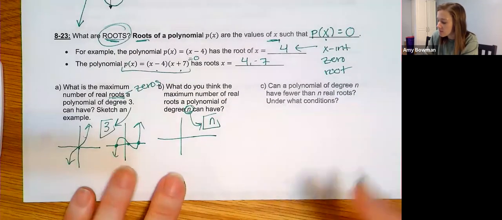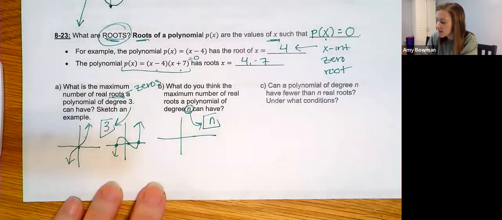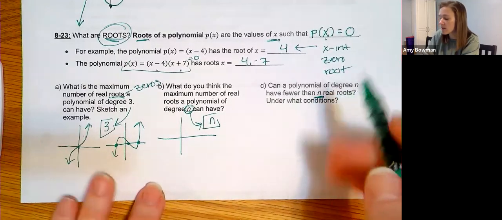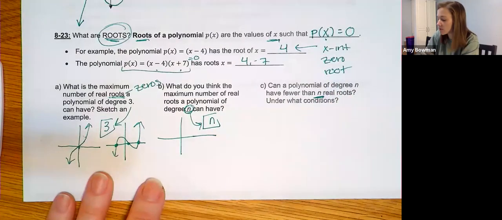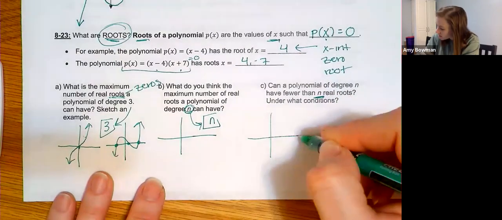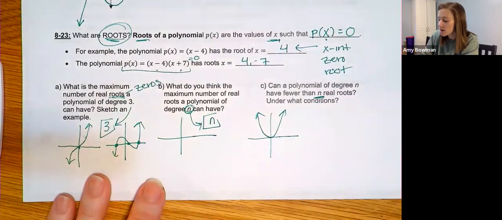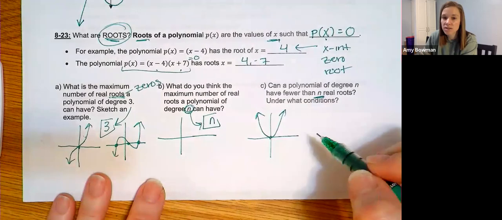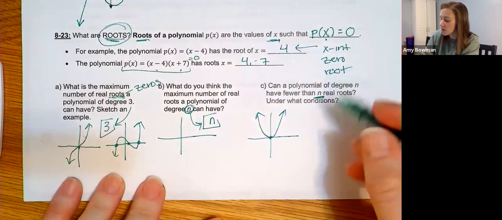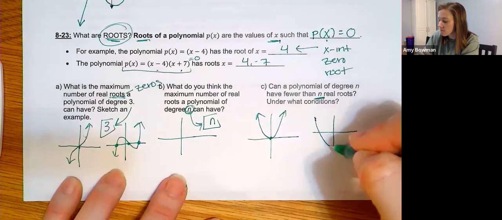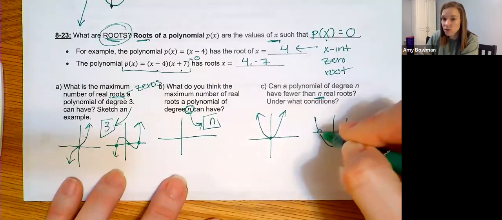So this is asking part C, can a polynomial of degree n have fewer than n real roots? Let's think about that. And I want to relate it to the type of function you probably have the most experience with, which is a parabola. So this one we see only has a single root at the x-axis, but we also know of many cases where parabolas have 2.